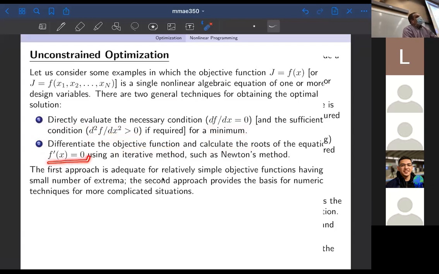So rather than the roots of f of x equals 0, we're going to determine the roots of f prime of x equals 0, because those points correspond to stationary points and potential optimal points, maximums and minimums of our original f of x function. And then we can do things like Newton's method. So we'll come back and we'll see Newton's method again. And so we'll do examples of both of these.